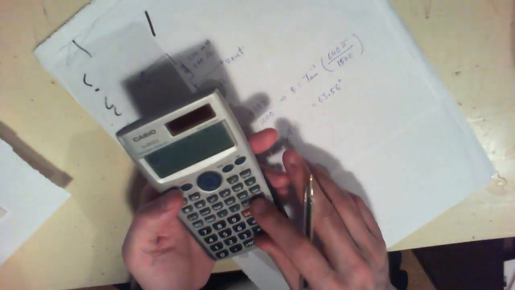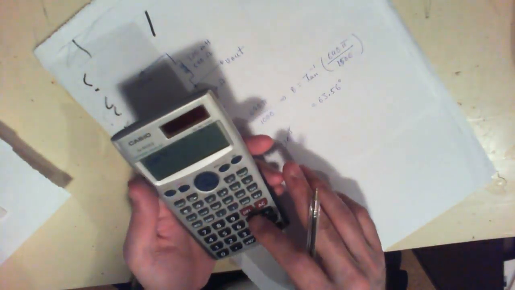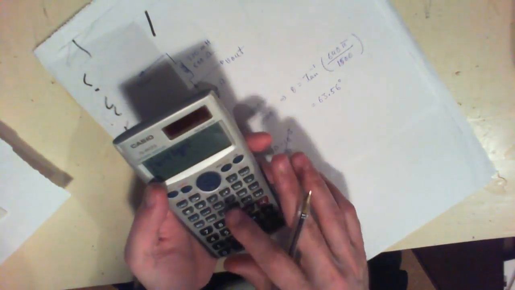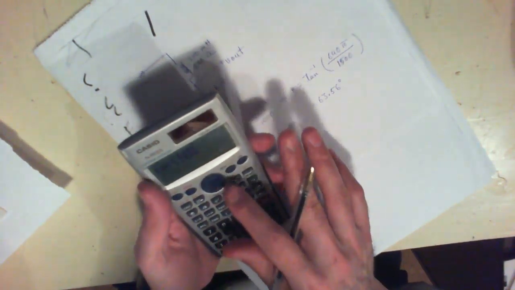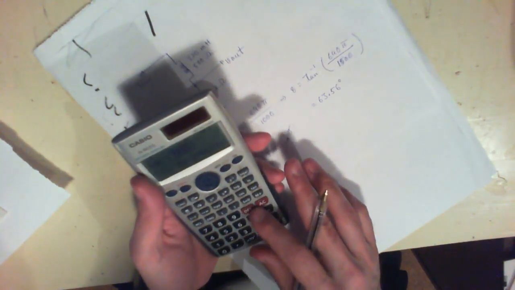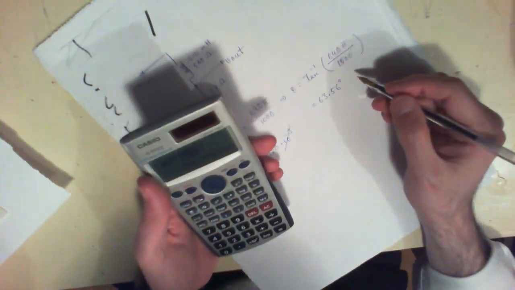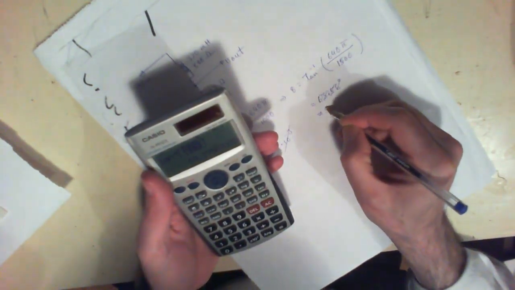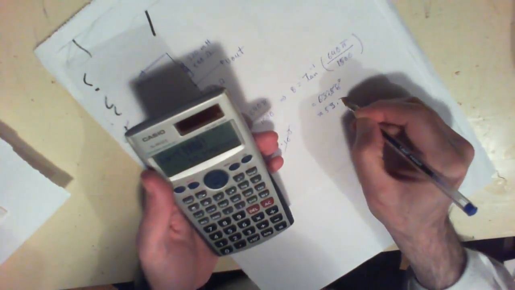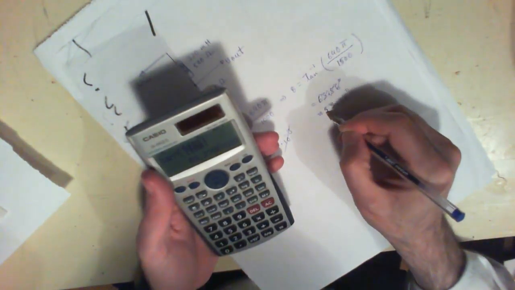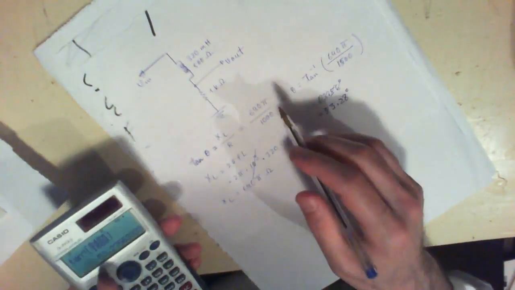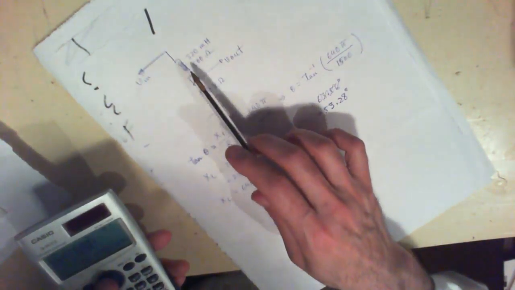So then the tan inverse of 640 pi divided by 1500, and that's equal to 53.28 degrees. Okay, so I need to be careful about this thing over here. I just didn't notice it.